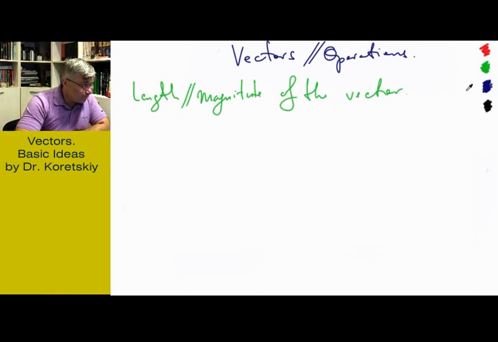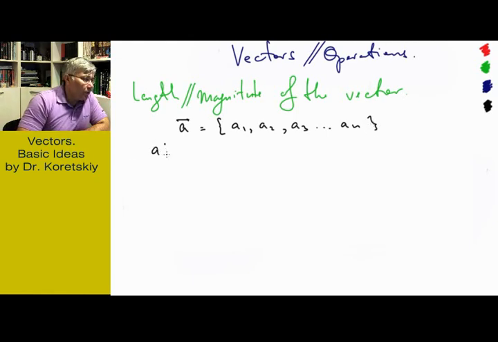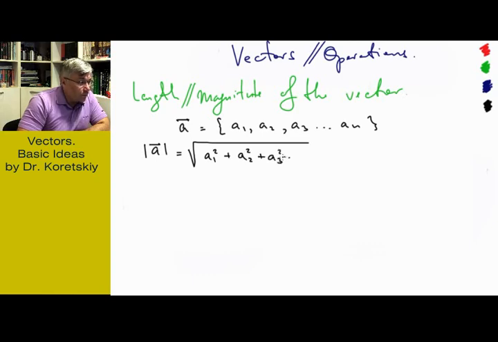So if vector A is a given vector with components a1, a2, a3, an, the length or magnitude of the vector can be defined like the square root of a summation of the components of the vector raised to power 2.